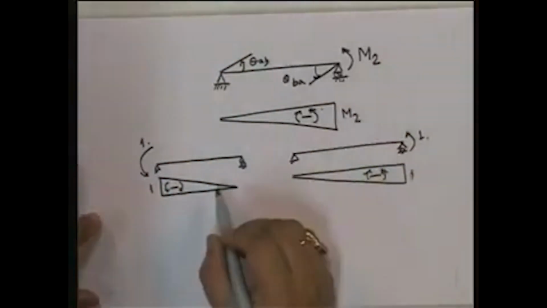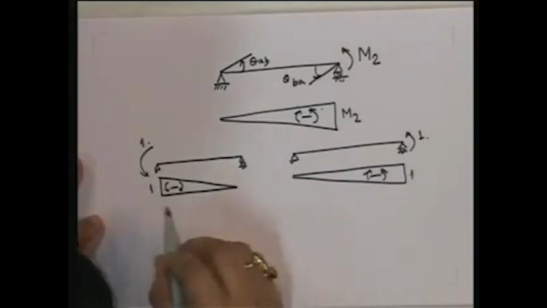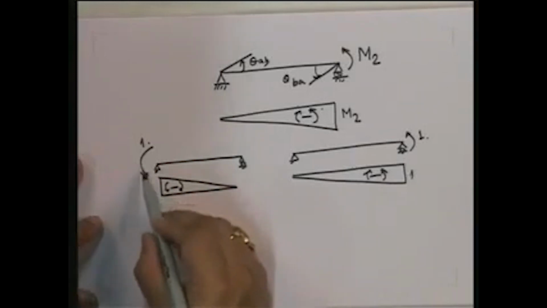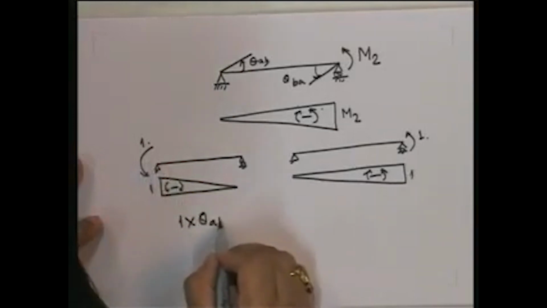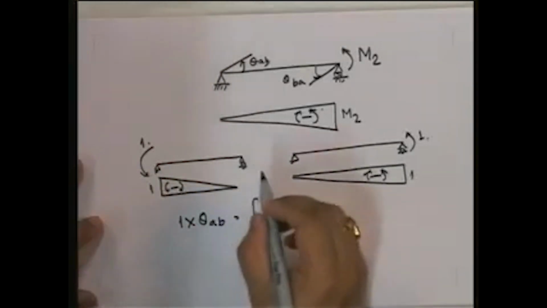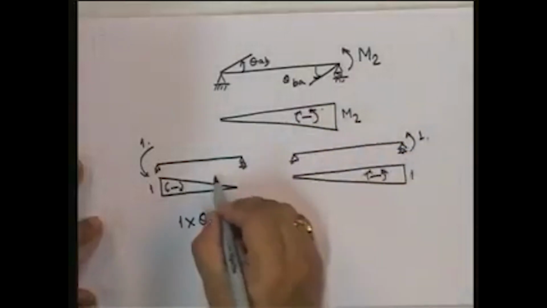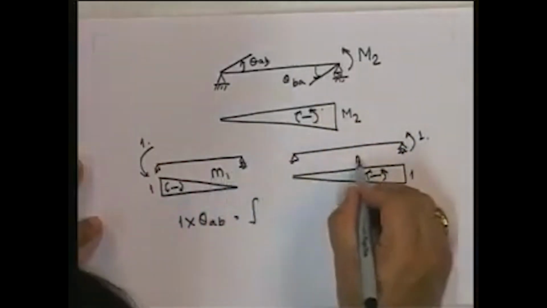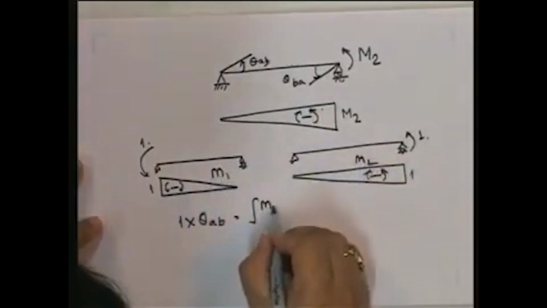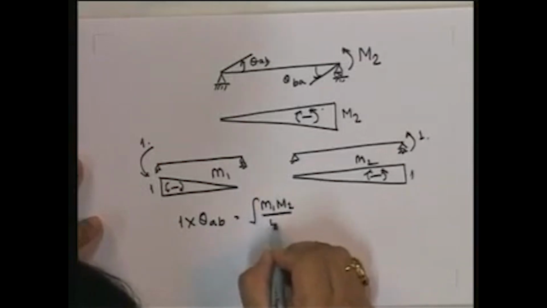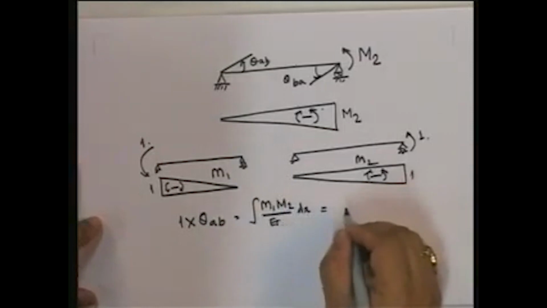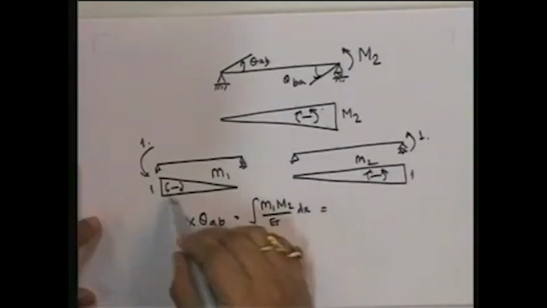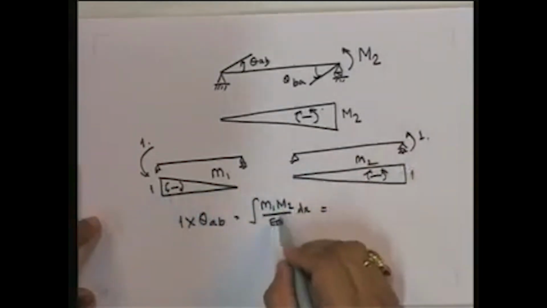So again, taking principle of virtual force, external work done to find out theta AB is 1 into theta AB. So 1 into theta AB is equal to, so this is M2 and this is M1, this is going to be the integral of M1 M2 upon EI dx.